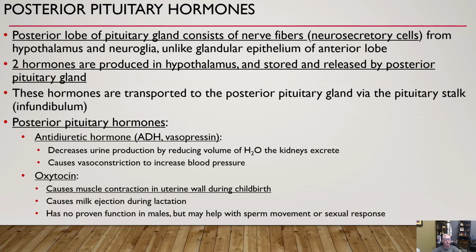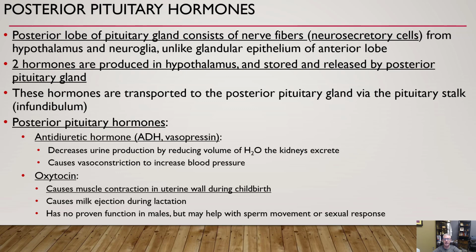All right, so moving on to the posterior pituitary hormones. Remember, these are really controlled by your nervous system itself. Still coming from the hypothalamus, but the posterior lobe has these nerve fibers or neurosecretory cells, whereas the anterior lobe has more glandular epithelium.